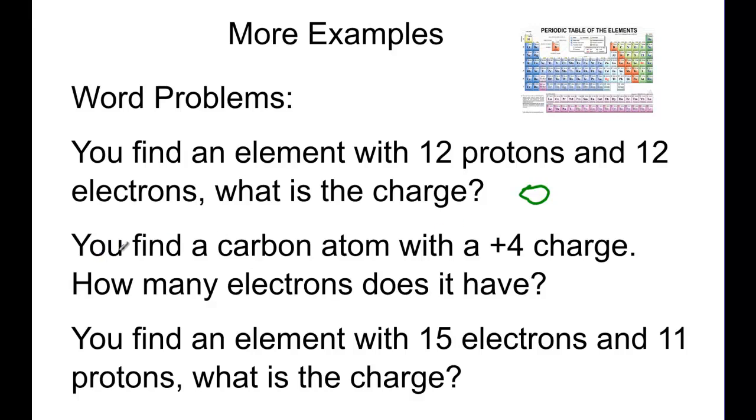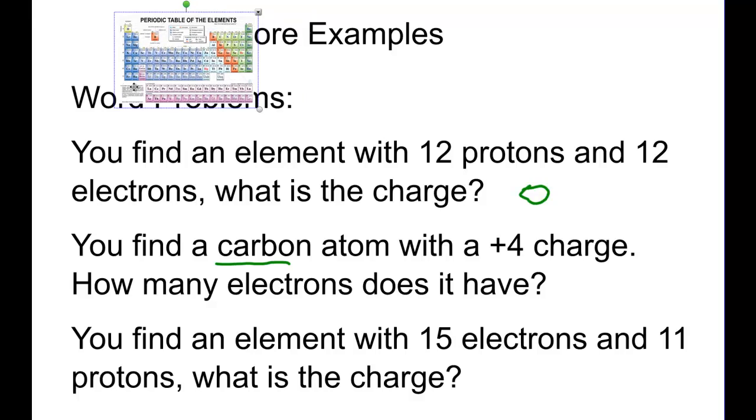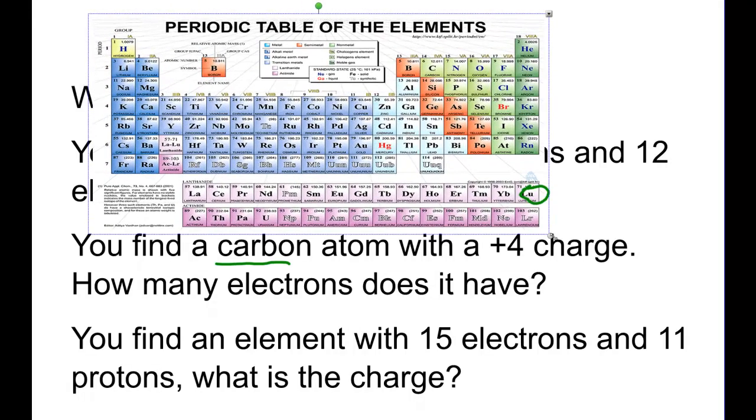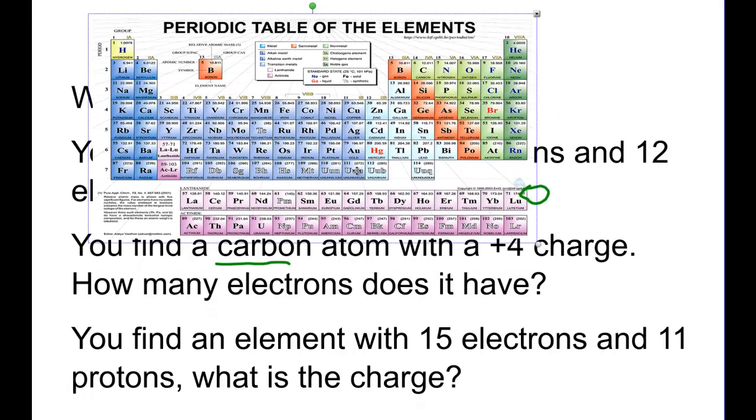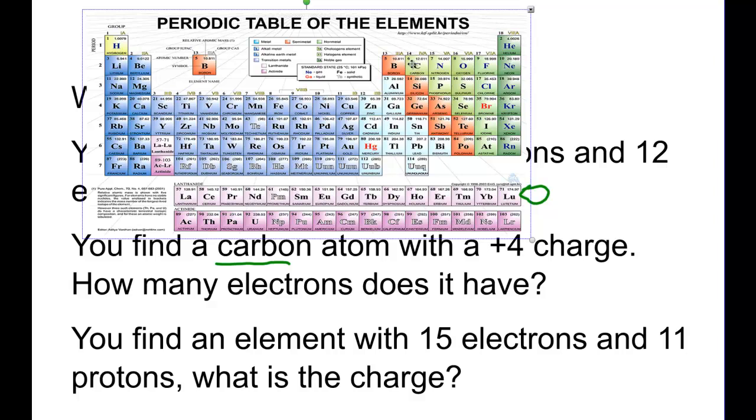You find a carbon atom with a +4 charge. How many electrons does it have? Now we need to use our periodic table, so I've got this up here. I'm going to blow it up so we can look at it. Carbon is C. Carbon has an atomic number of 6. Please remember that the 6 is the number of protons.